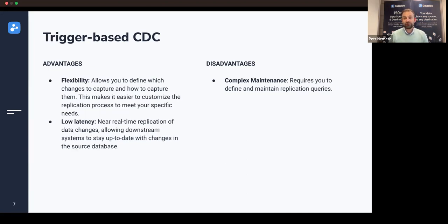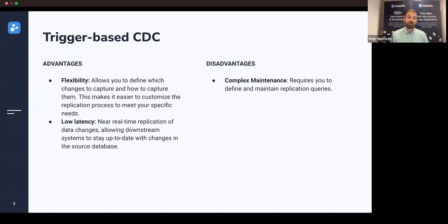And this gives us the third option, which is kind of in between those two mentioned: trigger-based CDC. Trigger-based CDC is a model where you define a trigger that captures the change, and the change can typically be inserted into some specific table, and you track the changes in that table.